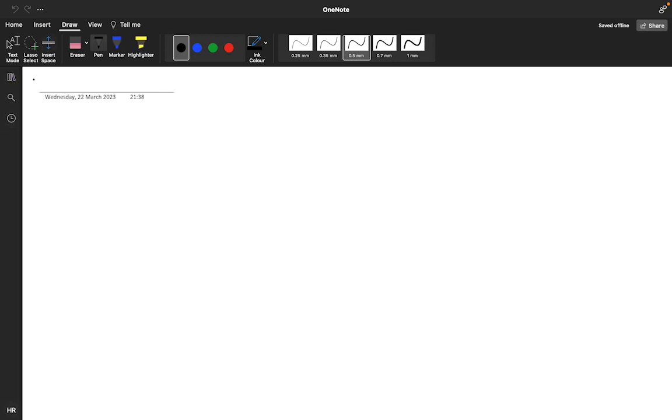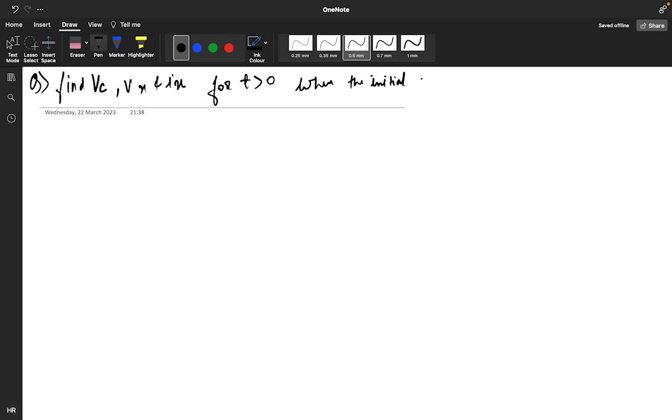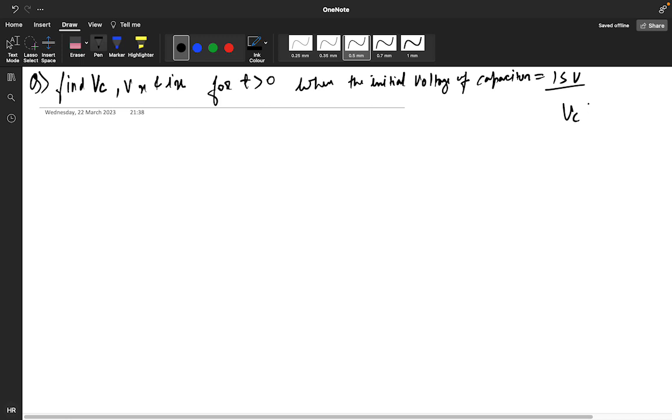You need to find the question: find Vc, Vx, and Ix for t greater than 0, when the initial voltage of the capacitor is 15 volt. Initial value means Vc of 0 minus is equal to Vc of 0 plus, which is given as 15 volt.